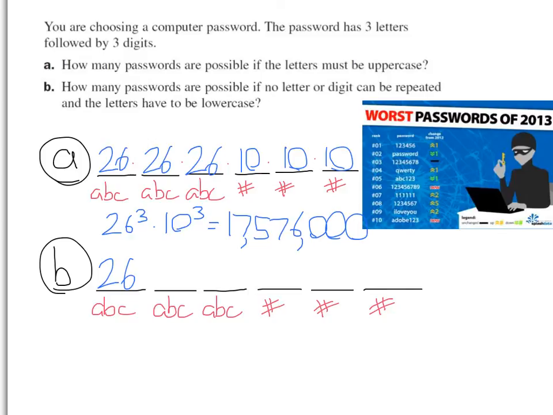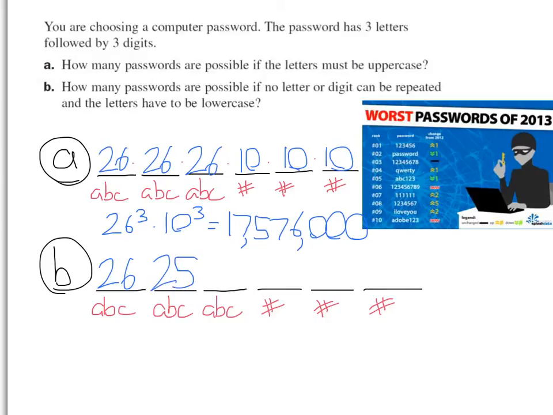Therefore, Q is now officially off the table for the second and the third letter because I cannot repeat. So if I choose Q as my first letter, then Q is gone from the alphabet for me to use. And therefore, how many letters do I have for my second letter? Only 25.